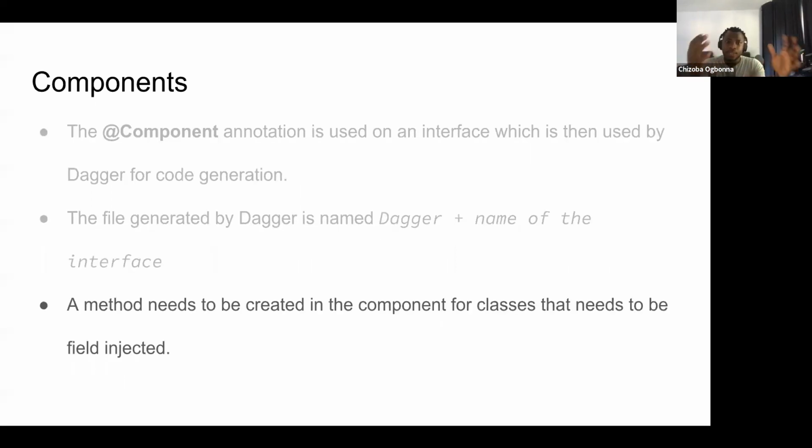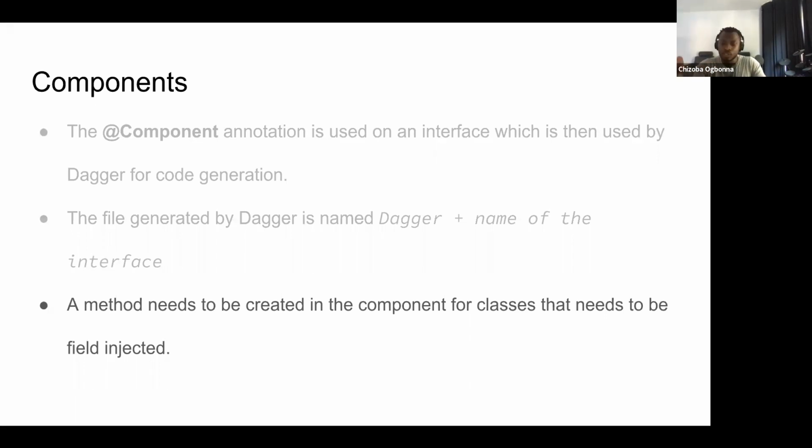Yeah, and a method needs to be created inside a component in classes where you need to do field injection. For constructor injection classes, you don't need this. But in places where you need to do field injection, you need to actually create a method in your component, for example, for your activity.